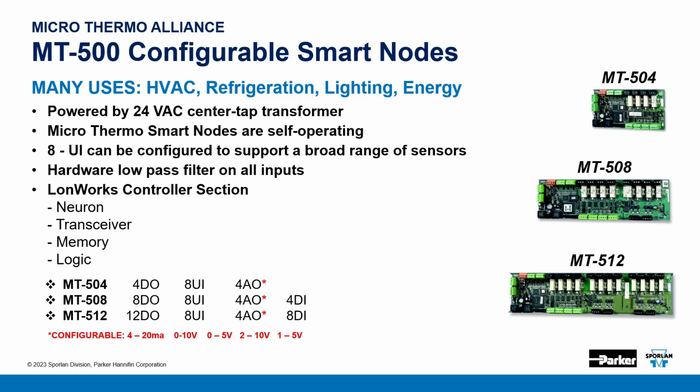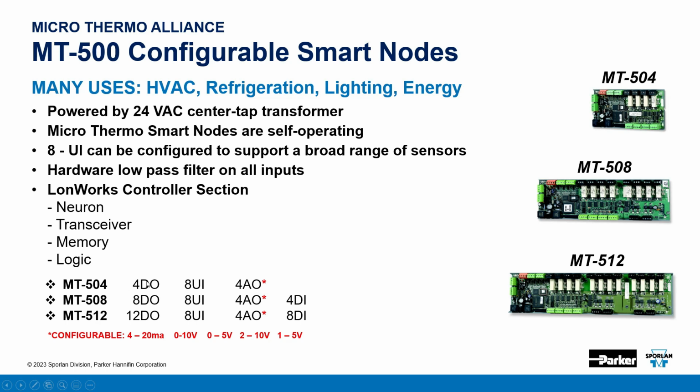But once they're programmed and configured, they become self-operating. They each have 8 universal inputs, and each smart section on the left, the microcomputer, has a neuron, a transceiver, memory, and logic. Now, where do they get their names from?